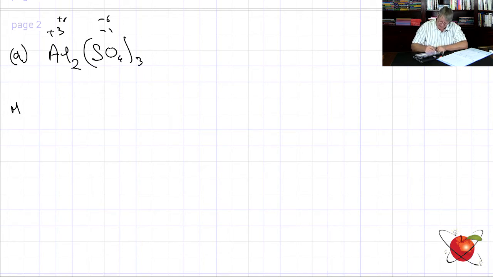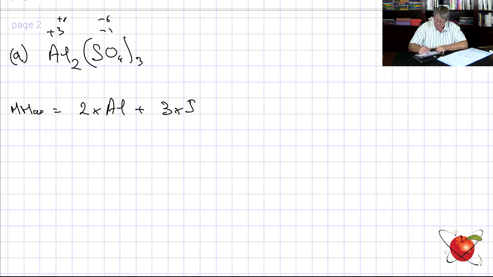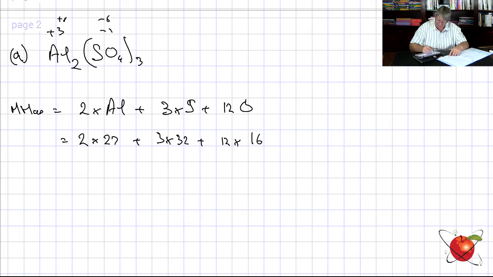What is the molar mass? It is going to be 2 times aluminium, plus 3 times S, plus 12 times O. Which is 2 times aluminium, which is 27, plus 3 times sulfur, which is 32, plus 12 times oxygen, which is 16.